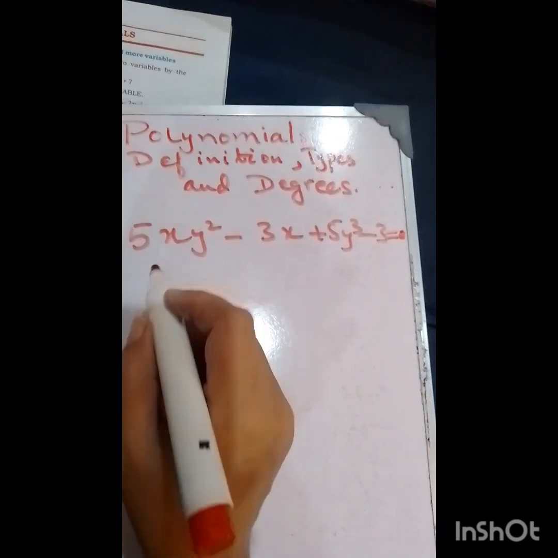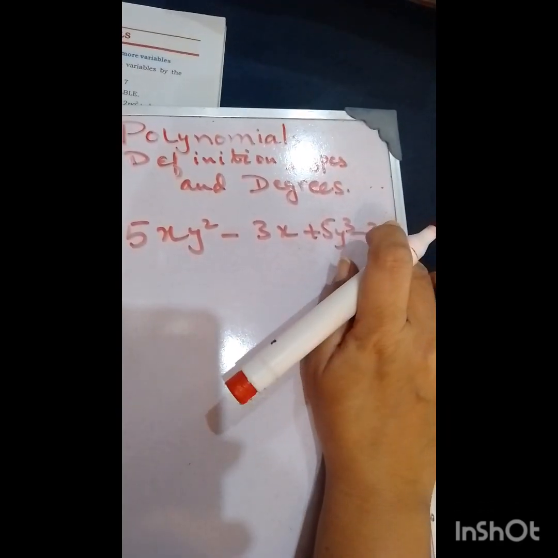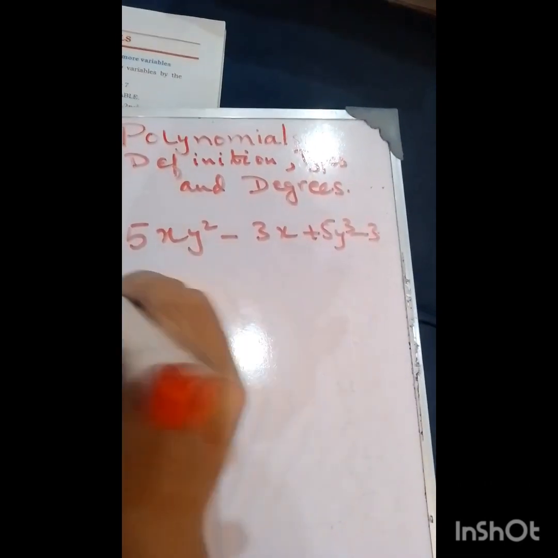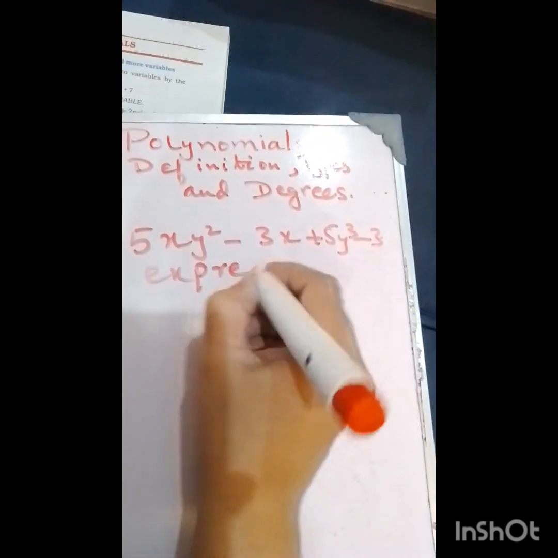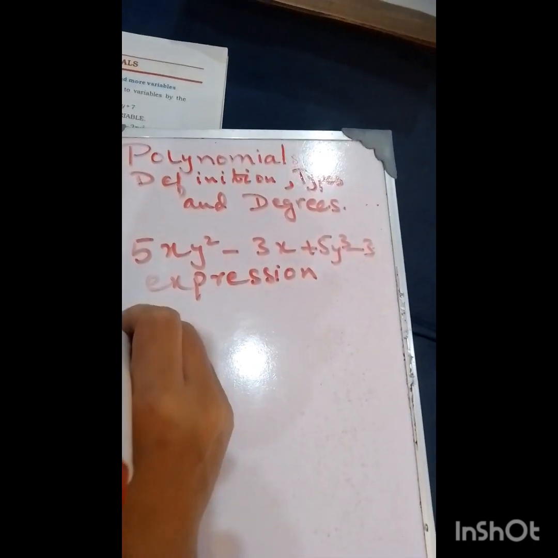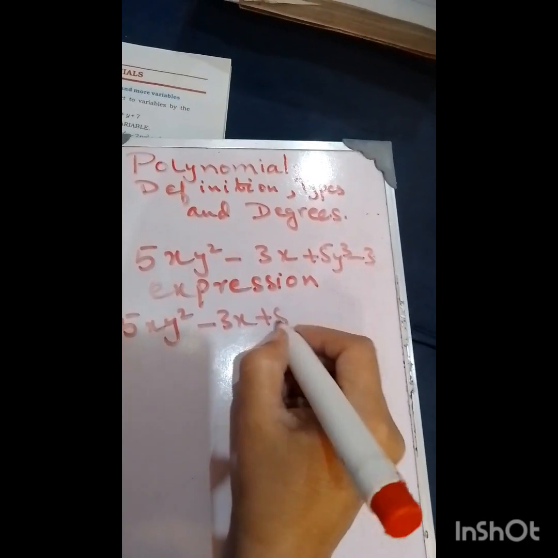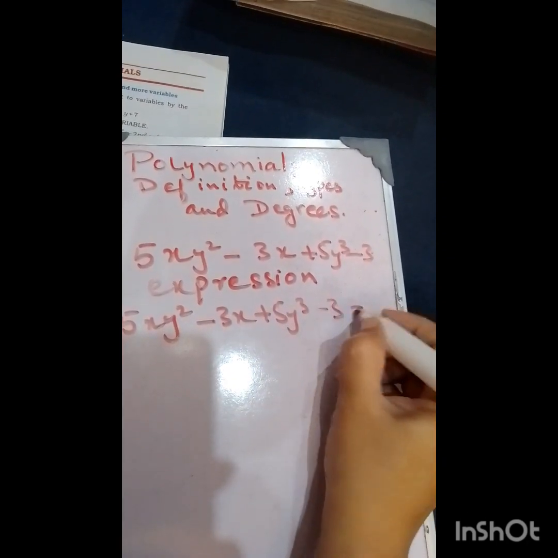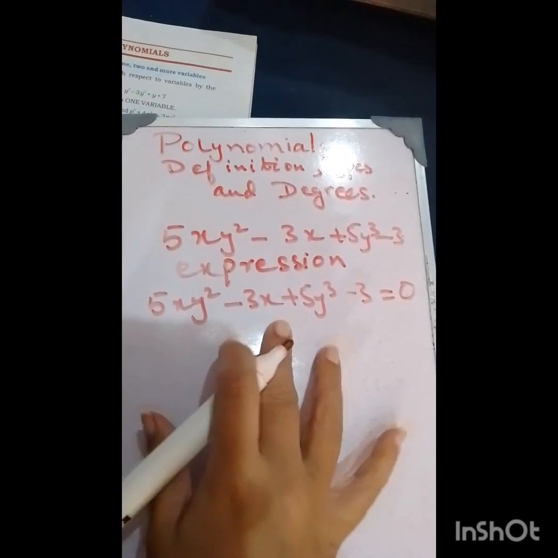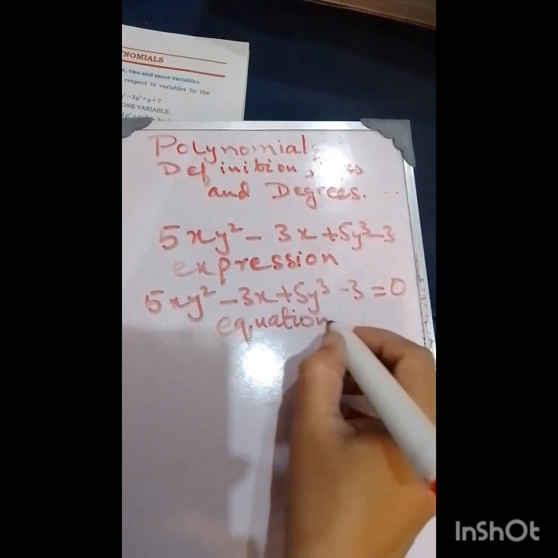If it is without the equals sign, then it is an expression. If it is without the sign of equality, it is an expression. If I put it as 5xy square minus 3x plus 5y cube minus 3 equals 0 or 2 or whatever, then it is said to be an equation. So this is the major difference between an expression and an equation.